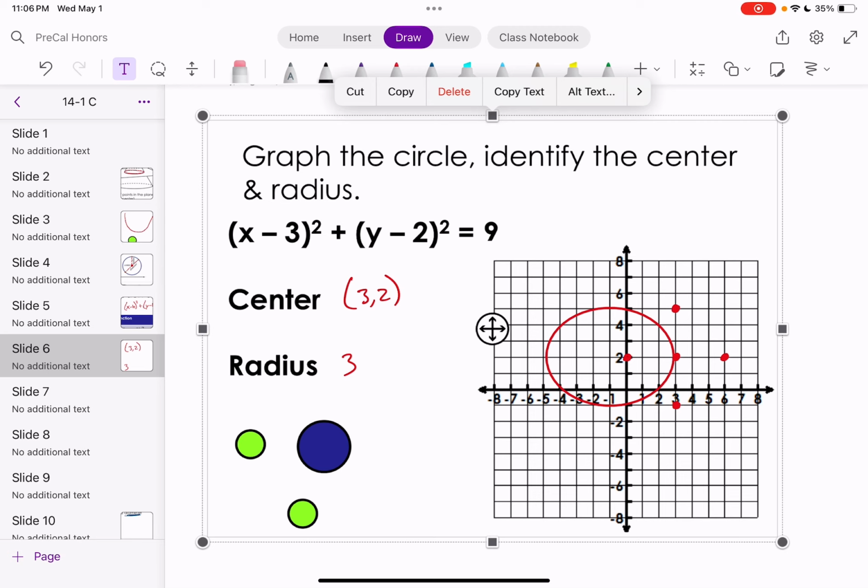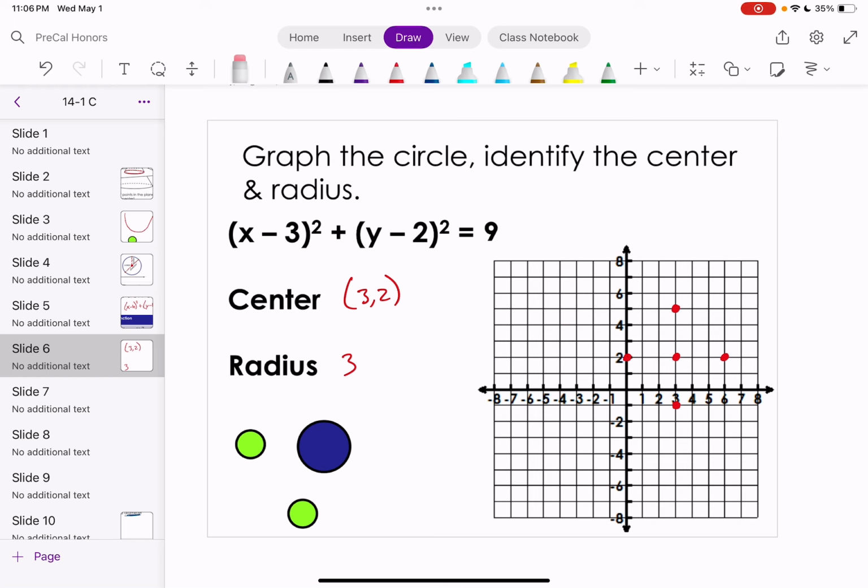Once we have done that, we're going to go ahead and move the circle into its place. And we have our equation graphed.